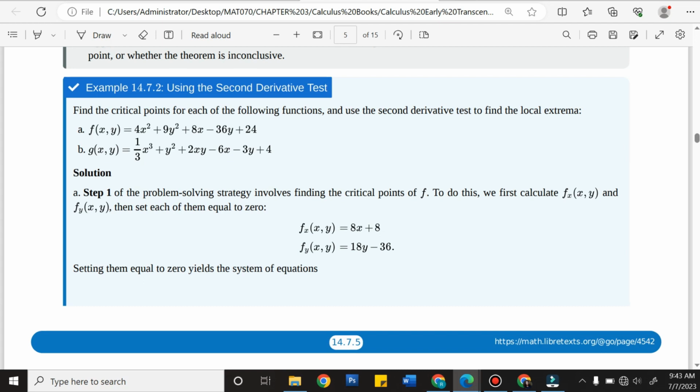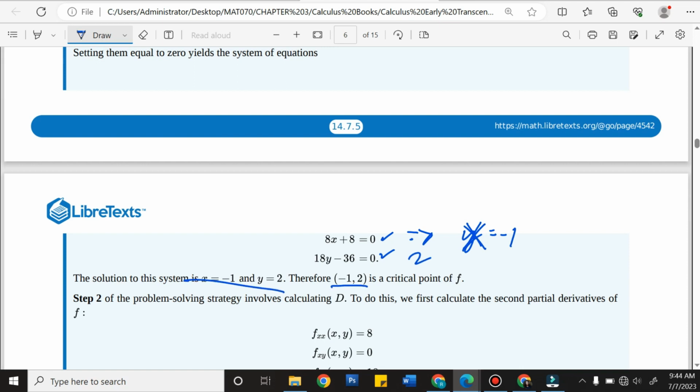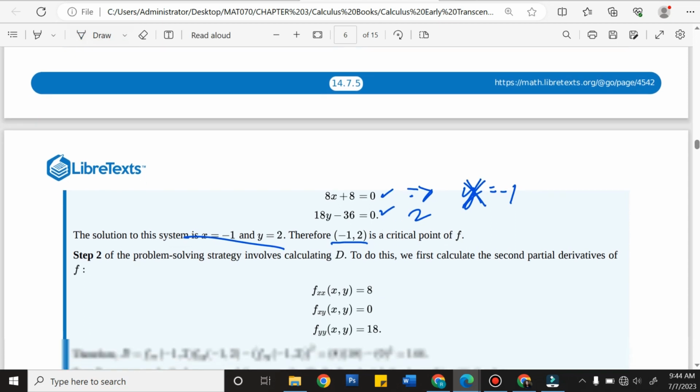We equate both to 0 and get the values. So x is negative 1 and y is 2. That's why we have this. Then our critical point is negative 1, 2.